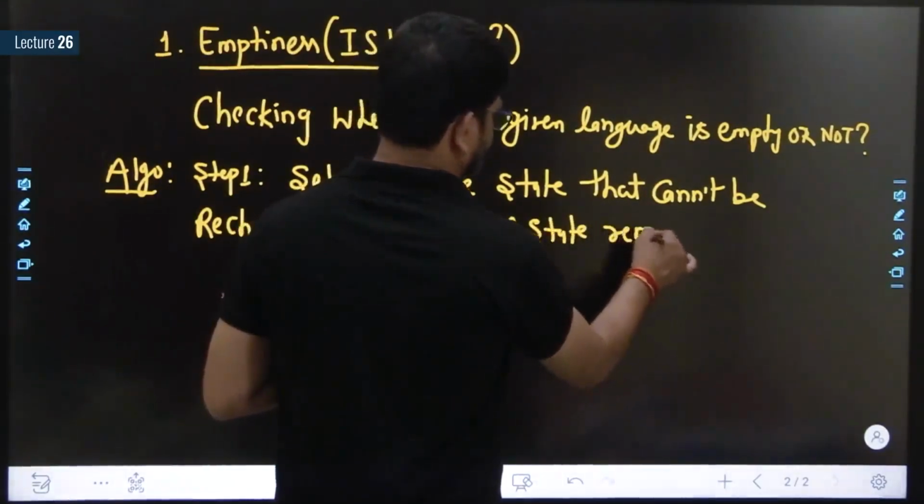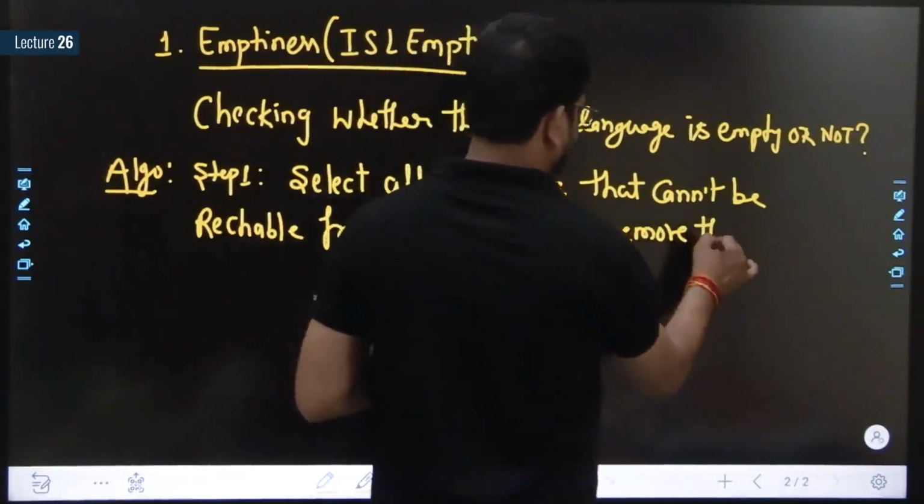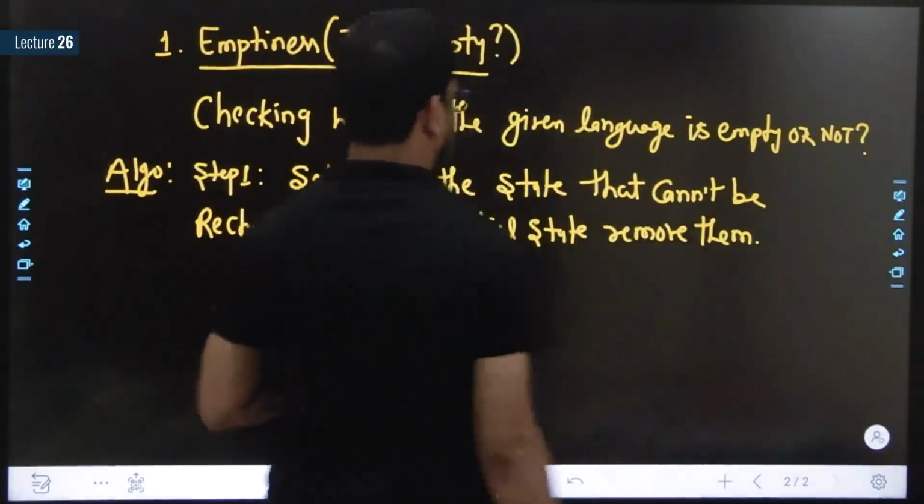Remove them. Clear? This is the first step.